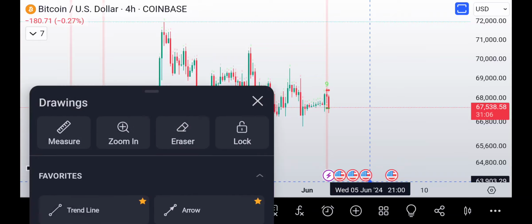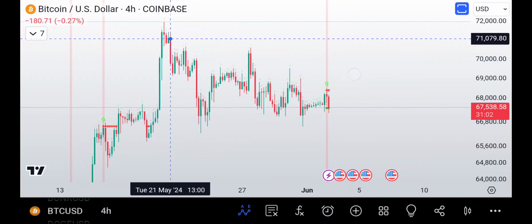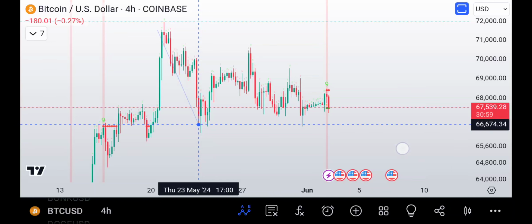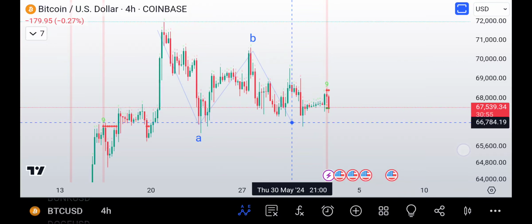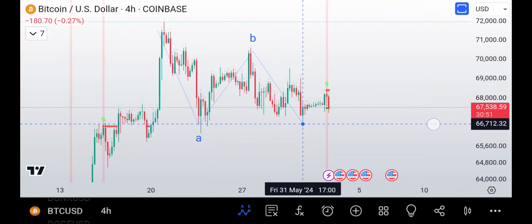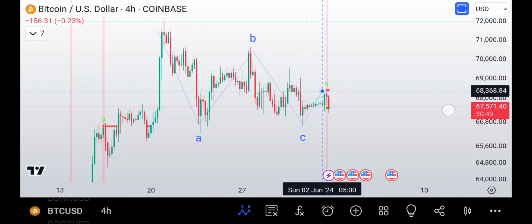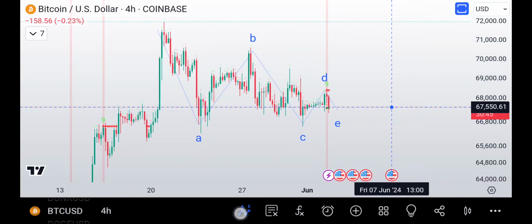Or what I really like now is, let's talk about our triangle, right? We had the A, we have a B, we came down for A, B, C, we just went up for D, and now it looks like we're finishing up E here.